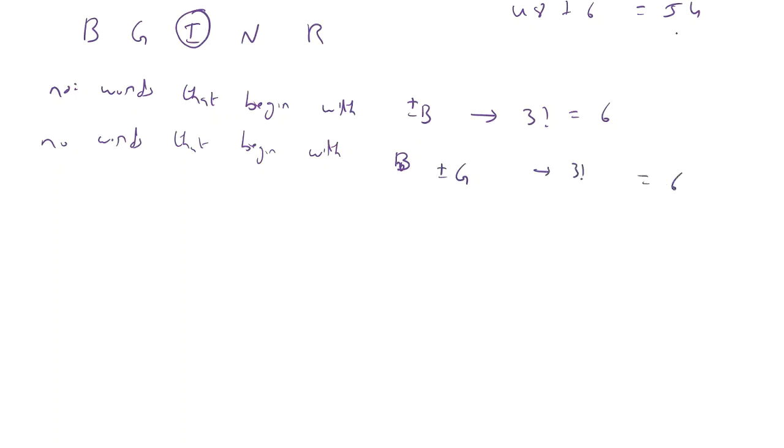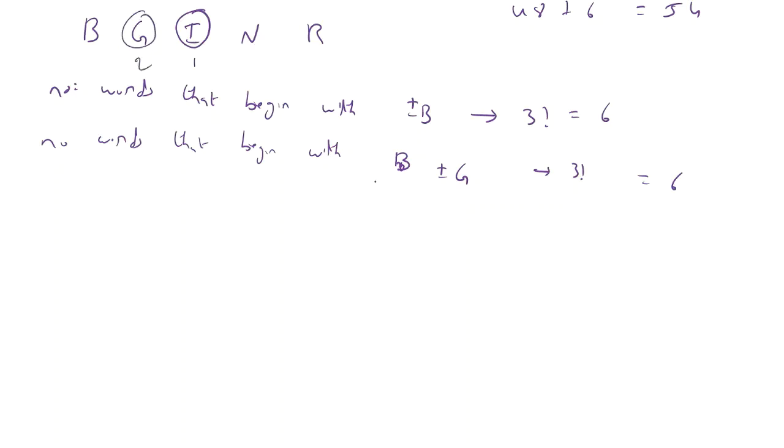So if I add 6 to 54, it is going to be 60. So our required word begins with IG. So the first letter is I and the second letter is G. This is my first letter and this is my second letter.